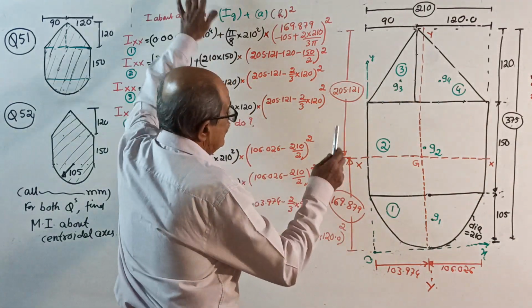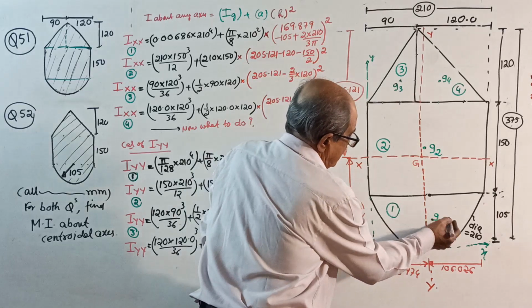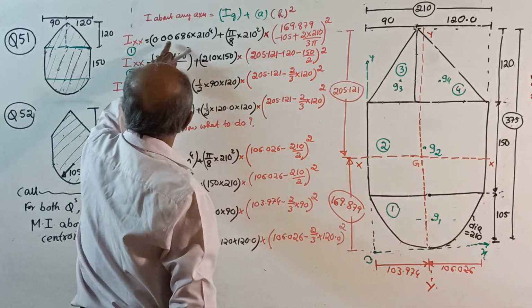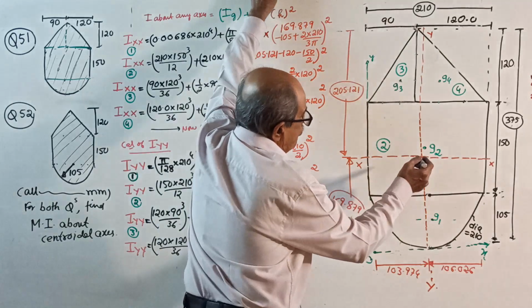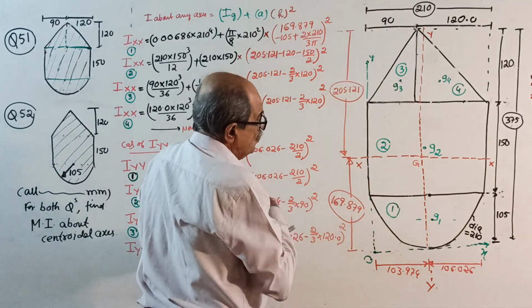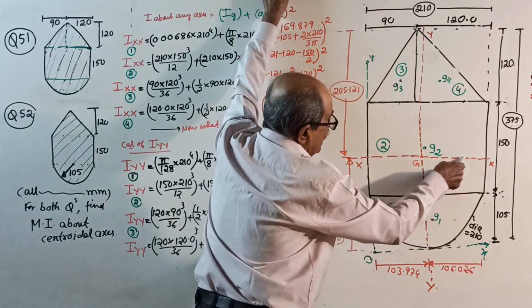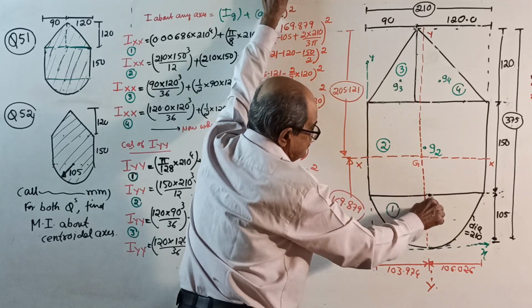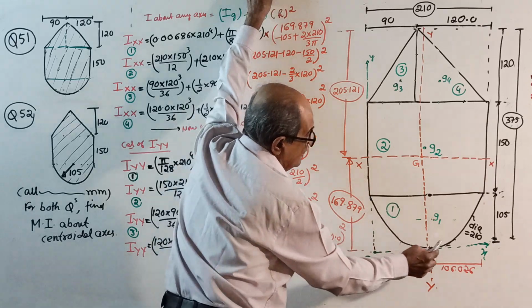Okay, start with the first one. I about its own centroidal axis here: 0.00686 into 210 power 4 plus area into distance square. From centroid G1 to XX, this distance square is 169.879.